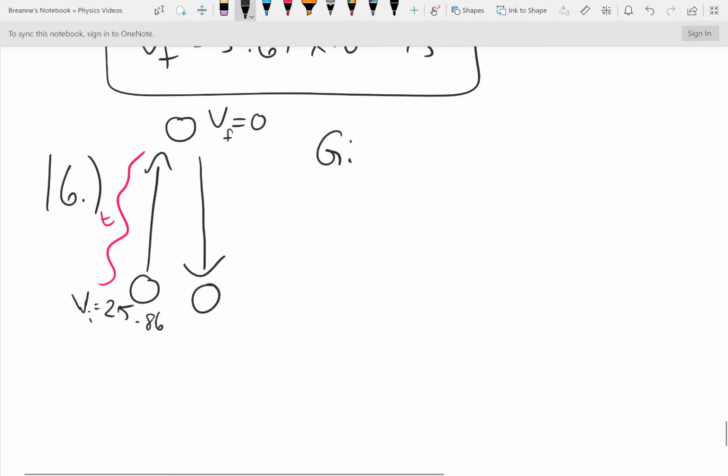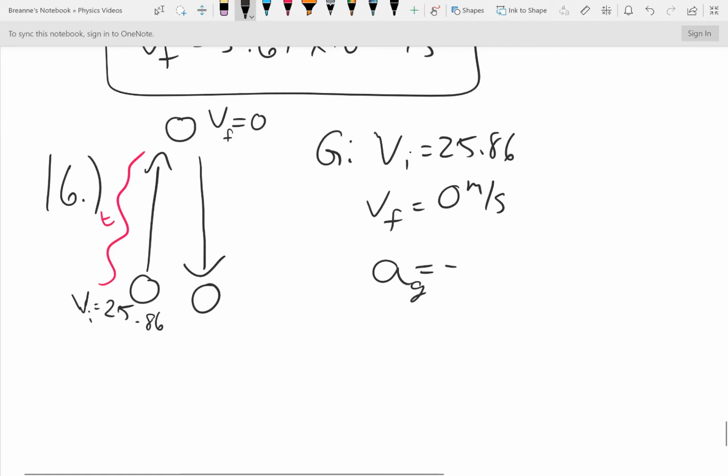So a given would be initial velocity, final velocity, and since it's in the y direction, what's affecting it? Acceleration due to gravity. So that'd be a negative 9.8 meters per second squared. And we are looking for time.